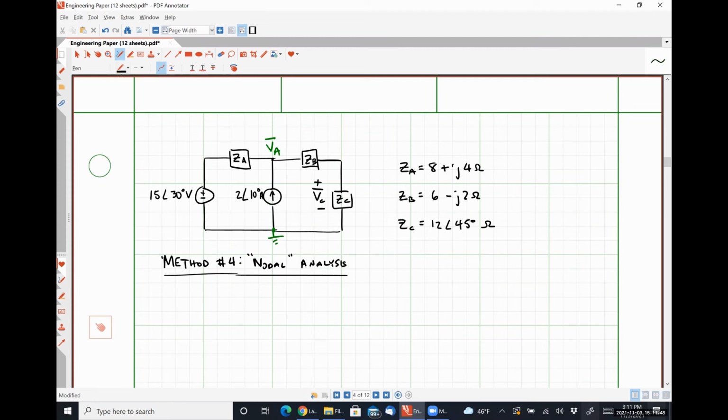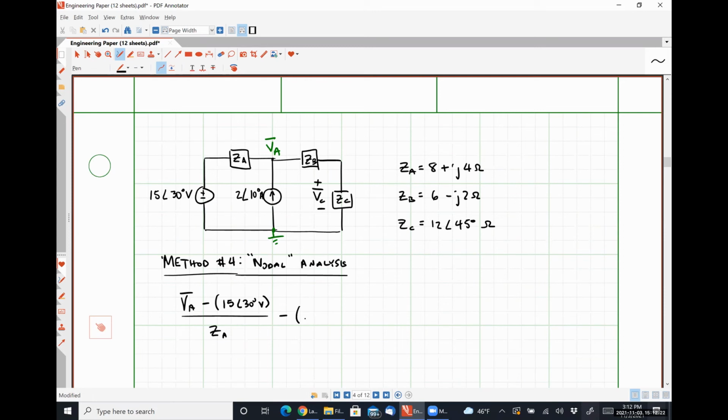If I apply Kirchhoff's current law at node A, and I'm going to do something a little bit sneaky here, I could say that I would have (VA minus 15 angle 30 degrees volts) divided by my impedance ZA, plus, sorry, that's not right, (VA minus 2 angle 10 degrees) amps.